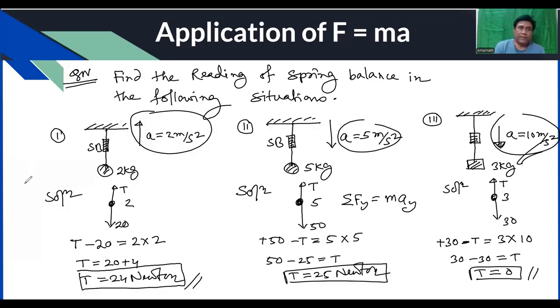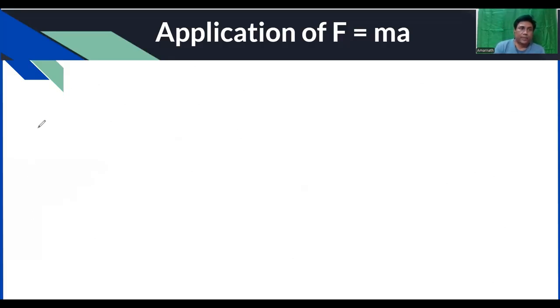Let us change the flavor of the question now. Say this is one table. This is a pulley. Pulley means that wheel only. This is also a pulley.